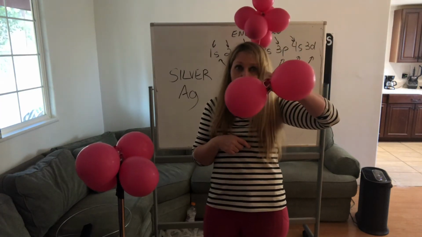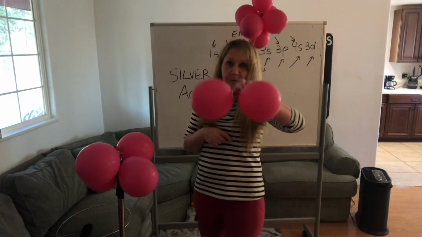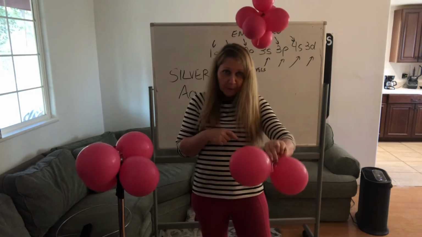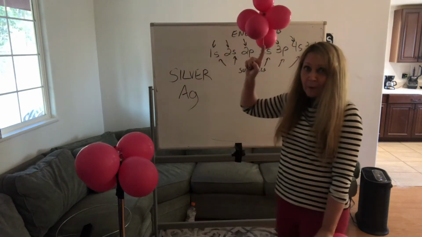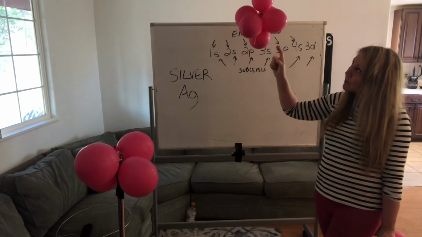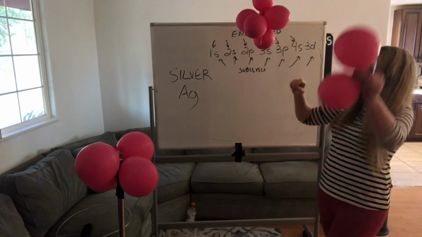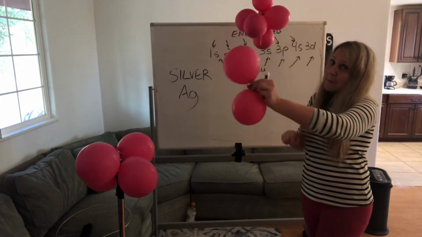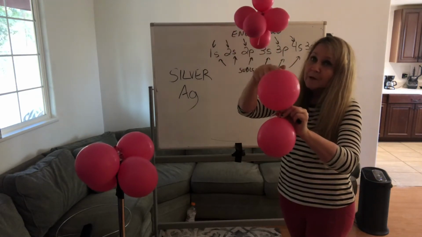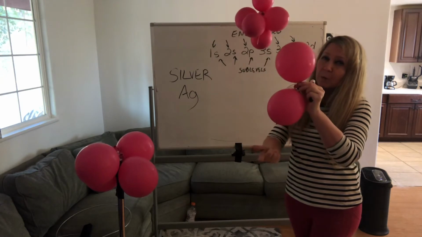All right, so this is one of the orbitals of the P sublevel. But remember, the P sublevel is made of 3 orbitals. So 3 of these. So 3 p orbitals. And it can hold 2 electrons per orbital.